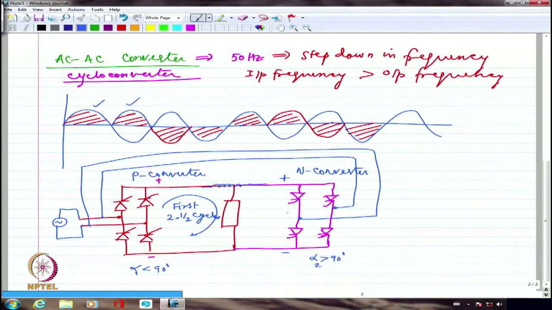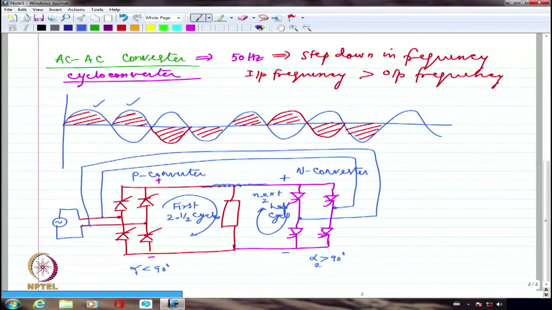This is for next two half cycles. Right? So I am going to have, for the first two half cycles, the current is going with plus here and minus here. For the next two half cycles, the current is going with plus here and minus here.